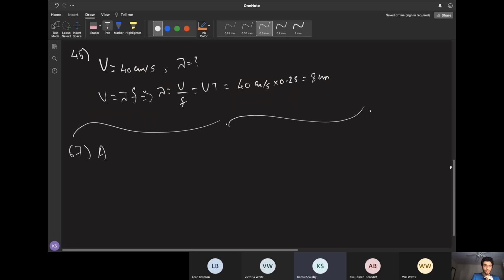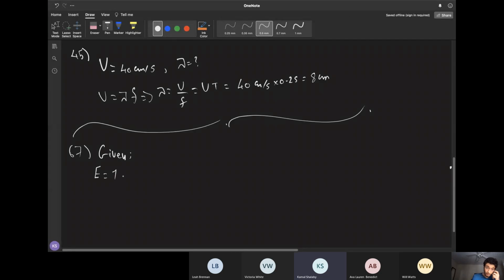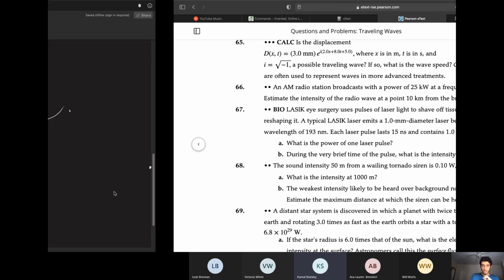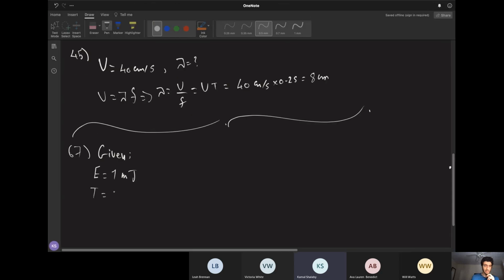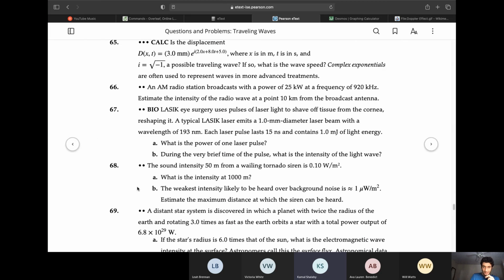Okay, so the givens. The energy is equal to 1 millijoule. The time is equal to, it's not the period, it's the time of how long it lasts. That's different. So let me call it with small t. It's 15 nanoseconds.